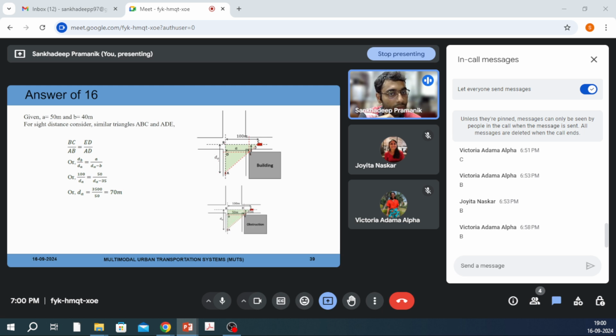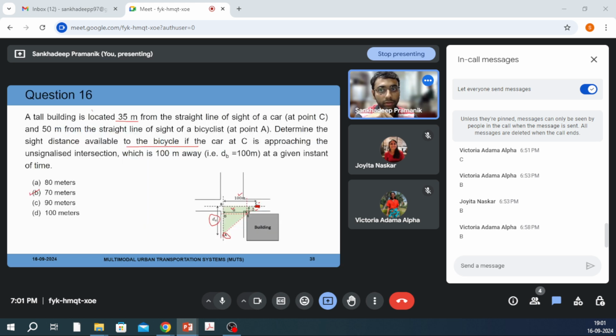So we need to calculate the side distance for this bicycle, which is dA, from the point where he first sees the car to the point of the intersection. The horizontal distance from A to this building is termed as A, which is 50 meter, from the straight line of sight of a bicyclist.